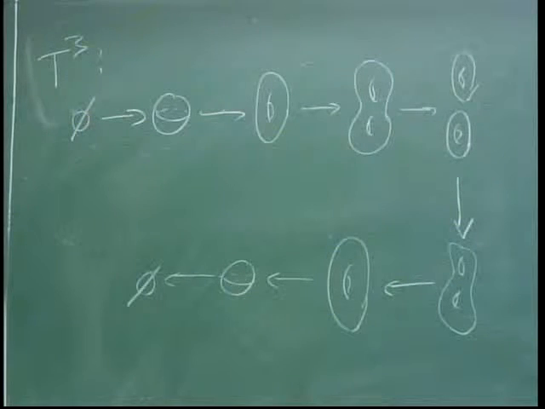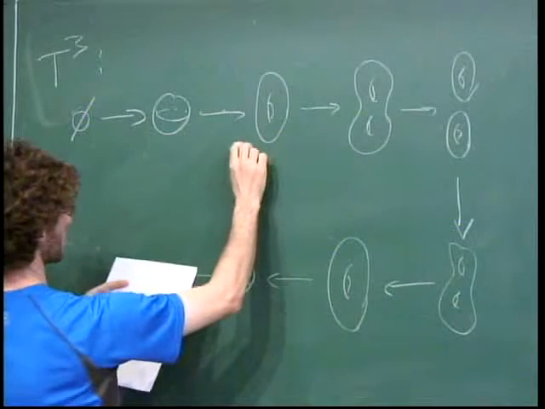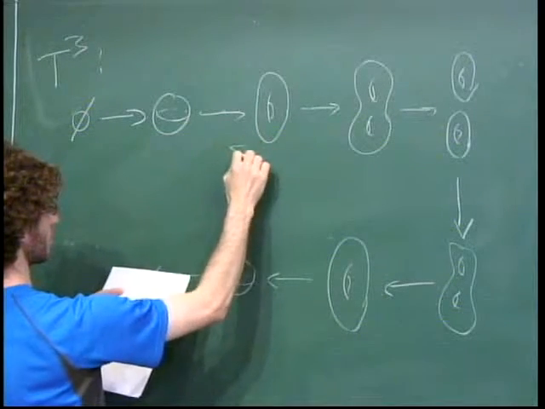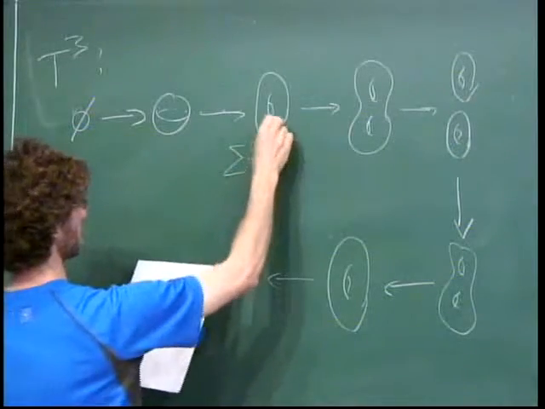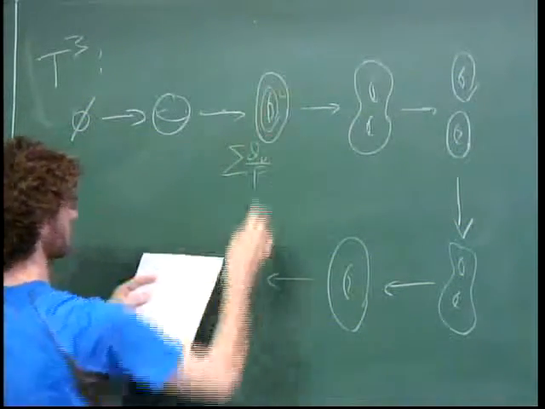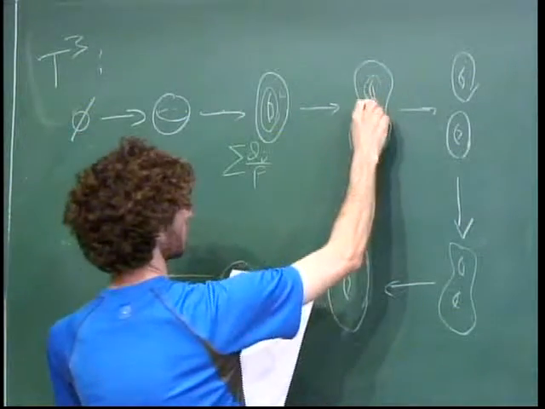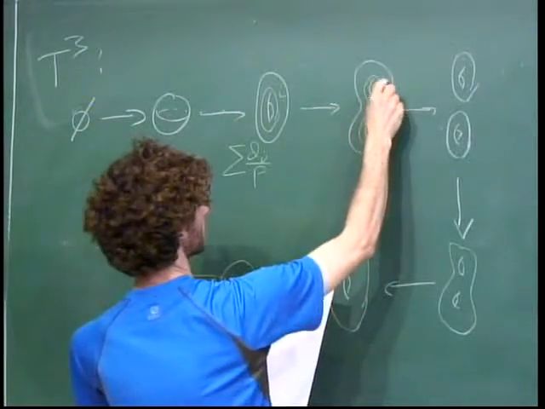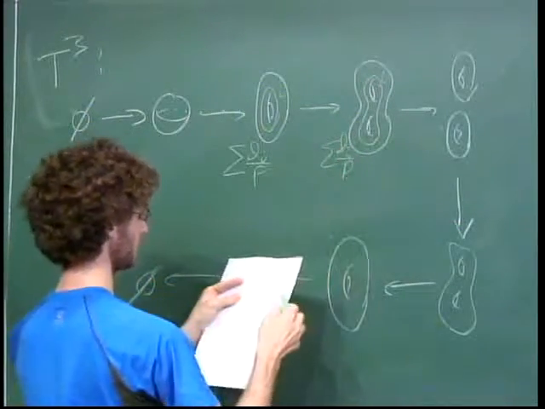So let's see what this does to our string diagrams. This stage, this was the first interesting one. I picked up a sum of di over p, and then a loop labeled by I. And then I merged them together. That didn't do anything, so I still just had the same sum di over p.